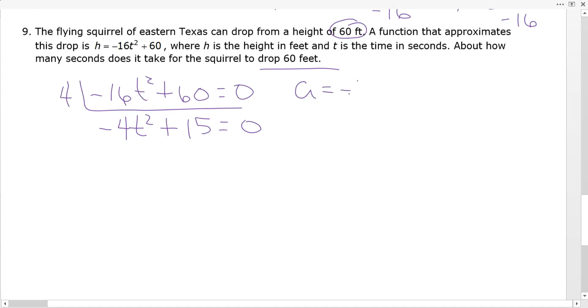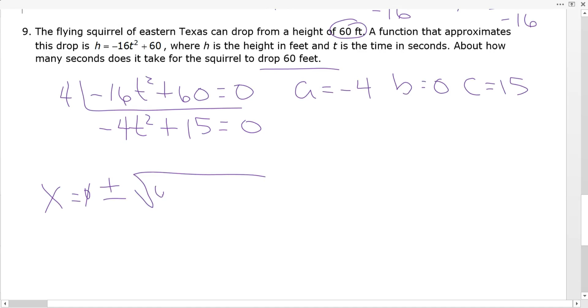A equals negative 4. B equals 0. C equals 15. X equals plus or minus, I'm not even going to worry about my 0, square root of 0 minus 4 times 15 times negative 4 over negative 2 times 4.